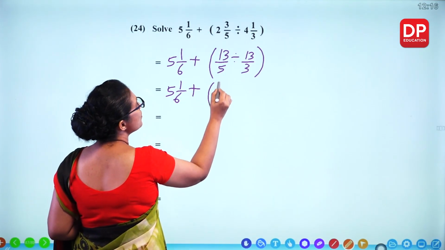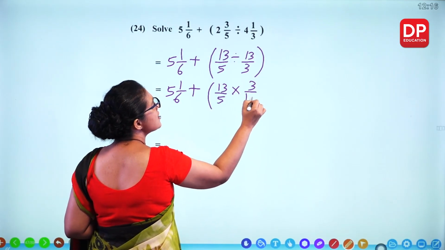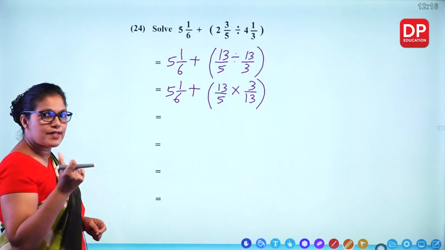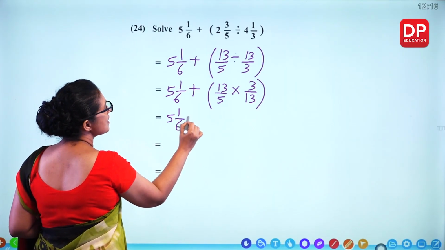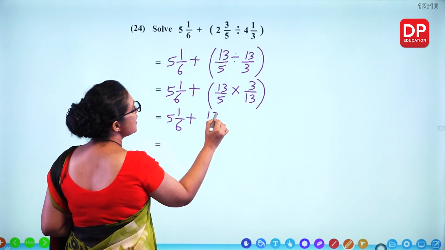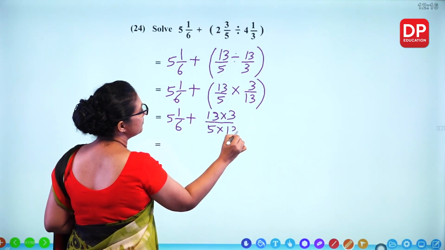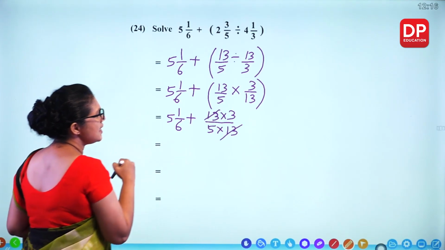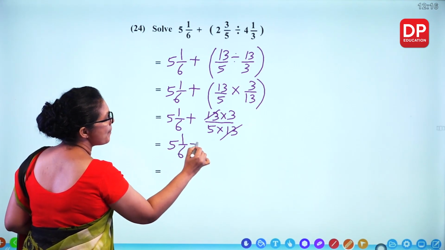So I can do 13/5 multiplied by 3/13, taking the reciprocal of that. So 5 1/6. What happens here? Multiply numerator separately and denominator separately.